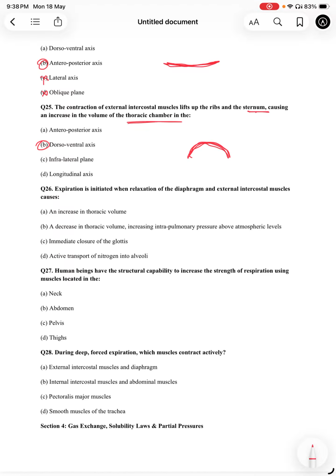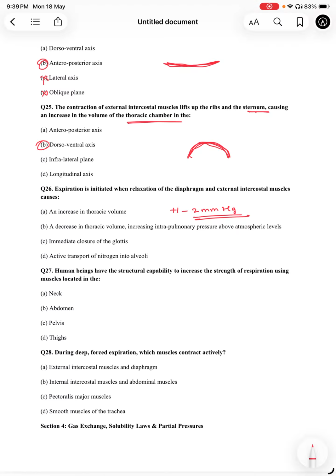So when the diaphragm and the external intercostals relax, the elastic tissue of the muscles recoils. The thoracic volume decreases, and this compresses the gas inside, raising the intrapulmonary pressure above the atmospheric level. It can be plus 1 to 2 mm Hg, driving the air out.